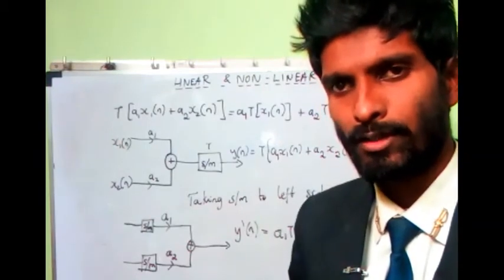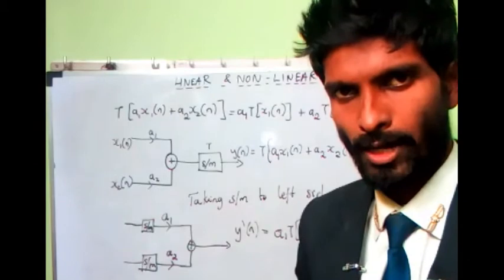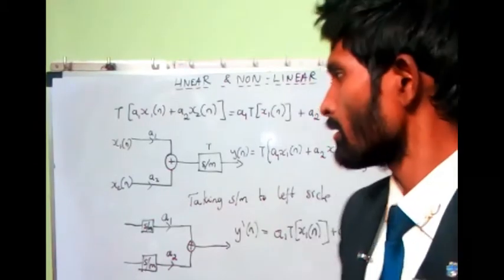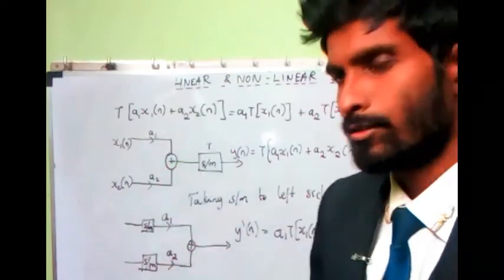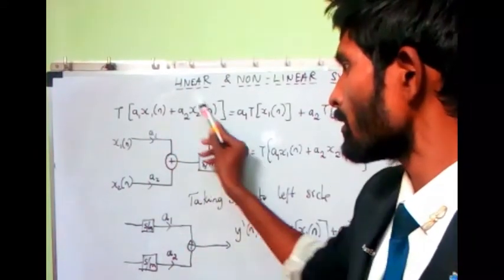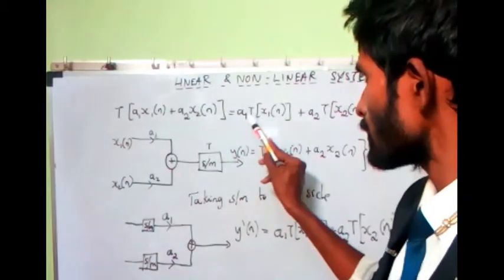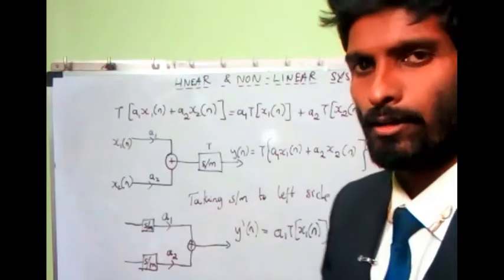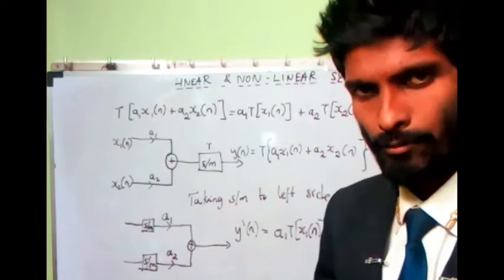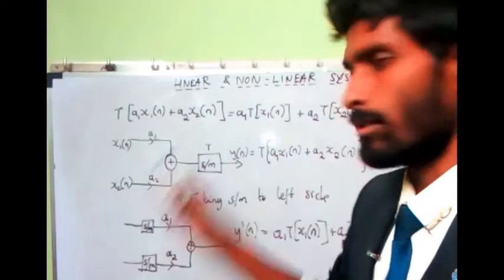For example, in electrical terms, suppose we have a transformer supplying two houses. The total power given by the transformer is equal to the power from the transformer to one house plus the power from the transformer to another house. In this way we can represent it electrically, but it should be equal.